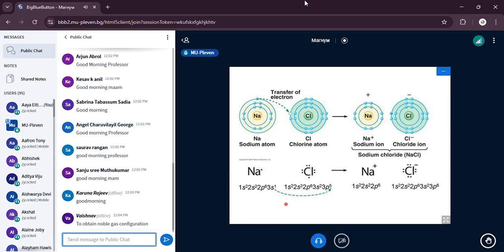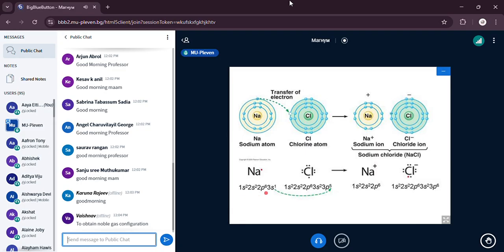We can represent this reaction using a Lewis electron dot diagram. Electrons are represented by dots. Or we can use electronic formulas to represent the electronic configuration of these atoms.